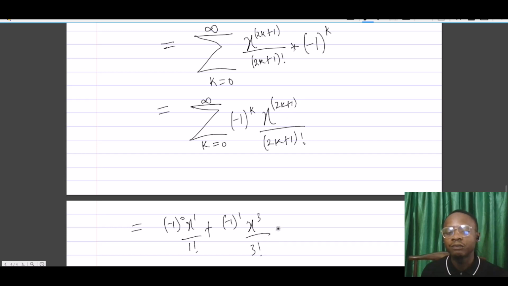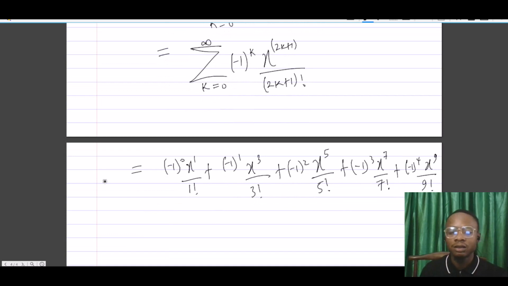Then plus minus 1 to the power of 2, then x to the power of 5 divided by 5 factorial. Then plus the next one will be minus 1 to the power of 3, then x to the power of 7 over 7 factorial. Then plus minus 1 to the power of 4, x to the power of 9 over 9 factorial. And this continues like that.